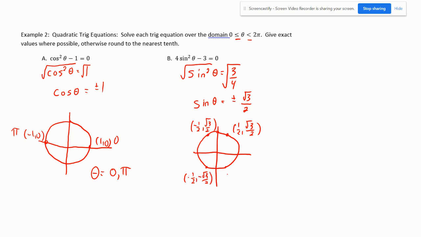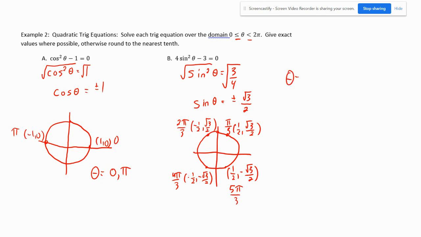So guys, for this part over here, you don't need to have this memorized like I do. Just use the unit circle you have in front of you. Just make sure you have it, and then just pick off the values. You'll be able to see these 4 over here. So this is pi over 3, this is 2 pi over 3, this is 4 pi over 3, and we have 5 pi over 3.